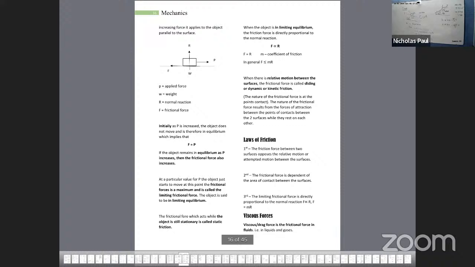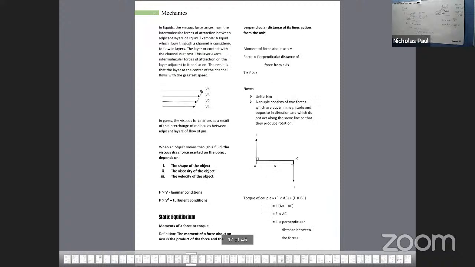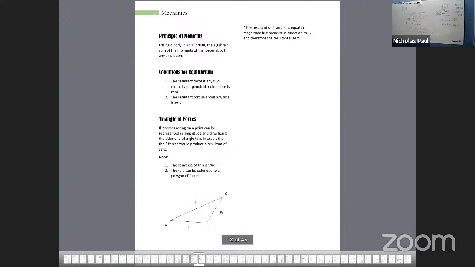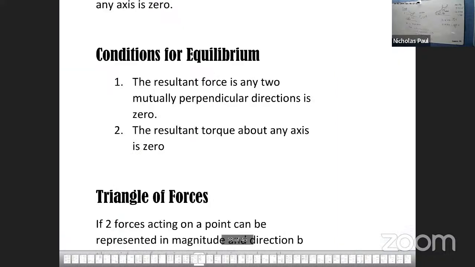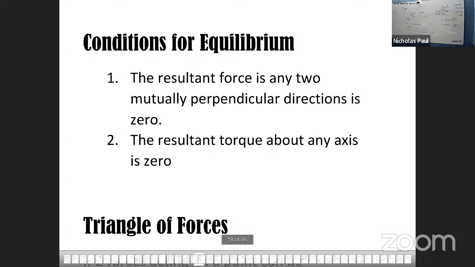Right. So the next condition for equilibrium. These are the two conditions for equilibrium. We did one already: the resultant force in any two mutually perpendicular directions is zero. And number two, the resultant torque about any axis is zero, right?